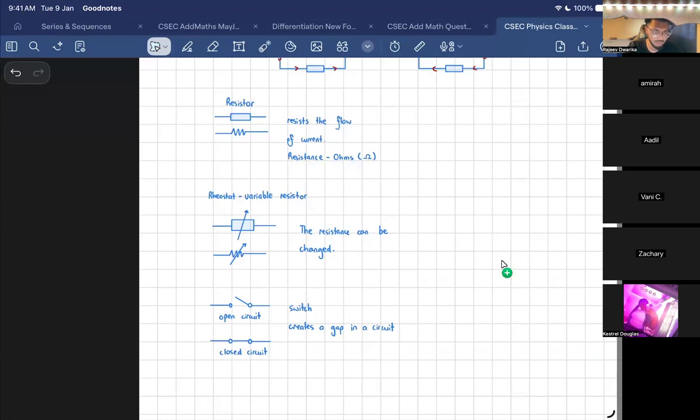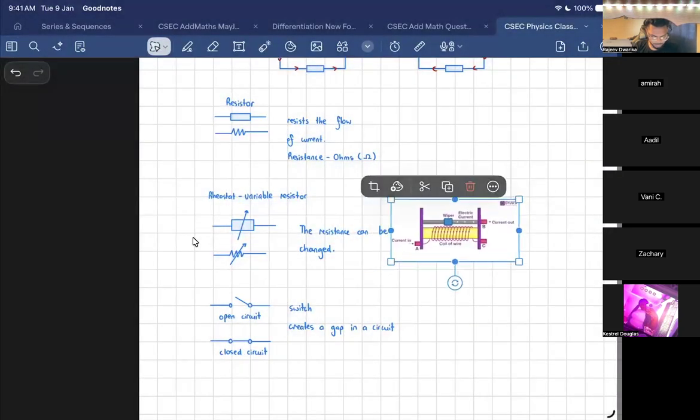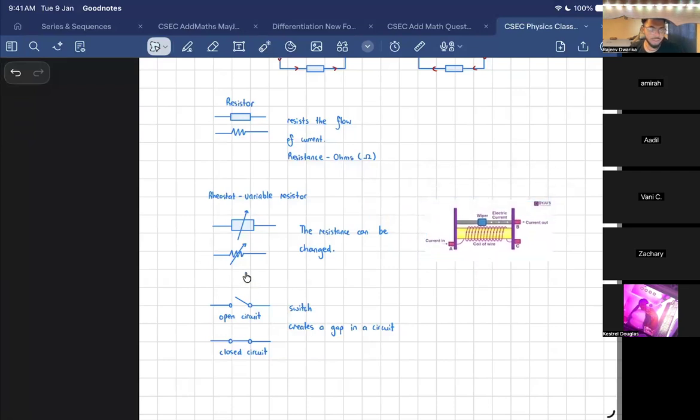So this is what a rheostat actually looks like. It's the actual rheostat. While we're on this topic, let me show you what resistors look like.